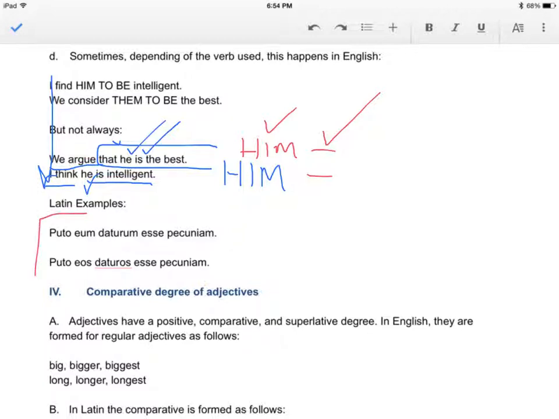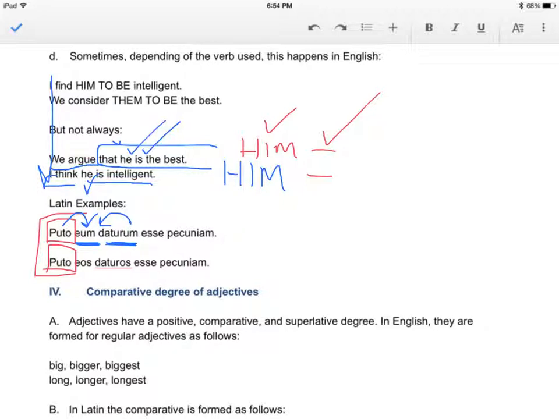So look at the Latin examples right here. Puto, that's the main clause. Just that one verb right there makes its first complete sentence, really. And that's the main clause. It's a verb of saying, thinking, knowing, or perceiving. Puto means I think. The first one says, I think that he, that's an accusative, but you're using it as the subject. And here's the adjective that agrees with it. It's the future participle.